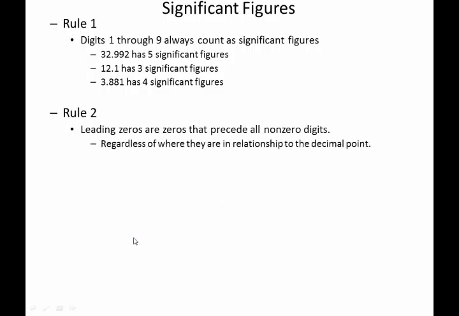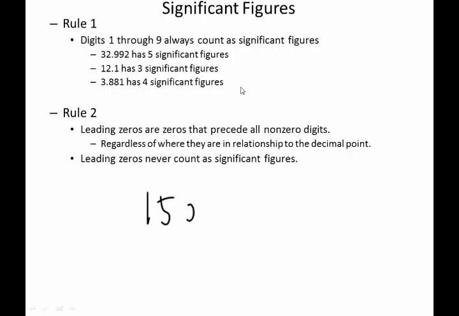Regardless of where they are in relation to the decimal point, they're never significant, not ever, because of the nature of the rules we're going to use this for. It's important that when we change units, so if I have 153 milliliters, and I convert this to liters, that's 0.153 liters.